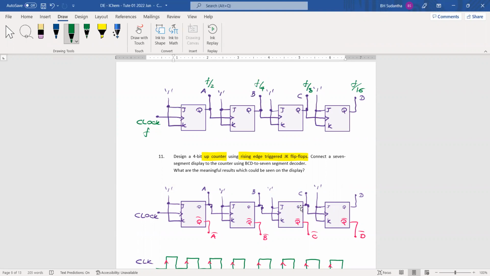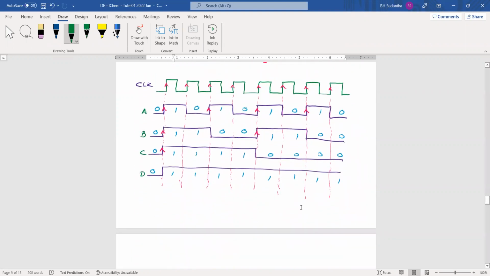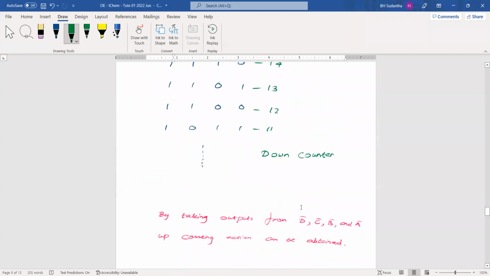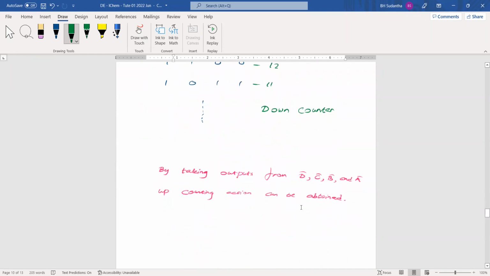You have to give a very simple answer and go to the next section. And depending on the marks allocation and time availability, you have to have your own method to answer the questions. You have to manage your time.